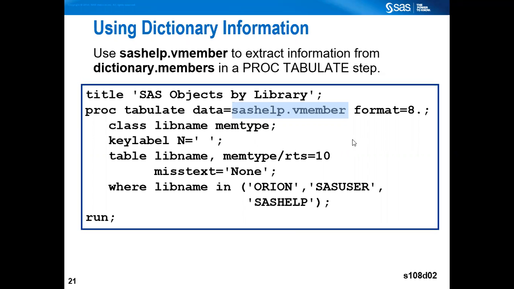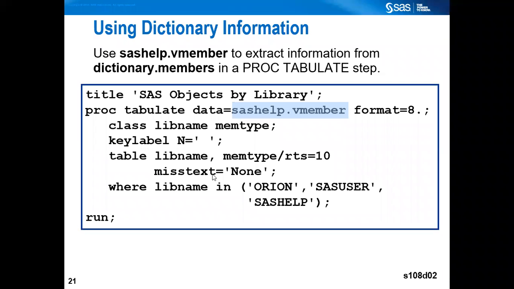That means n is the number of count for every member of libname and memtype coming, so that label n should be missing. Okay. So tables is the statement where you give the instruction for libname and memtype. It should have maximum rows to be saved as 10.